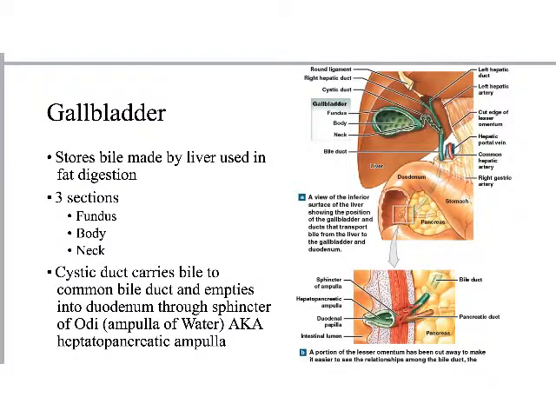All right, the gallbladder I already mentioned a little bit. The gallbladder is really just a muscular sac. So the liver is what's actually making the bile, which is a substance that helps break down large fats into small fats. We'll talk more about that in physiology. For now, just think of it as being involved in fat digestion. And so the liver makes the bile. It's actually the cells in the liver that make it.